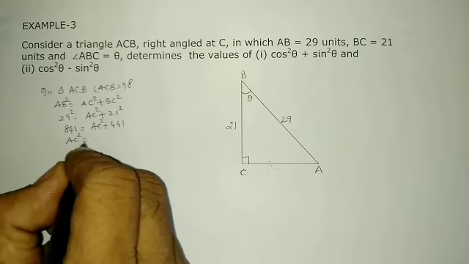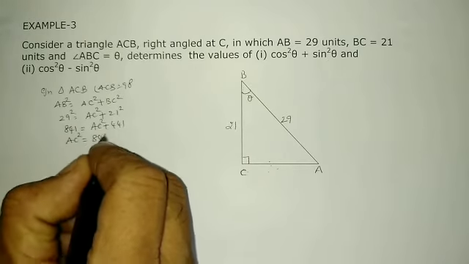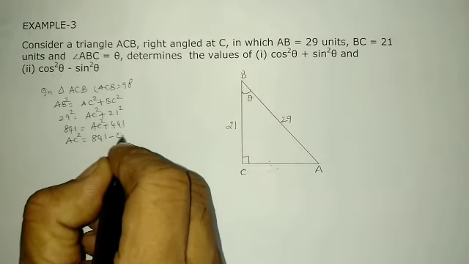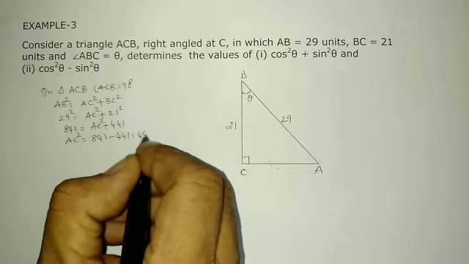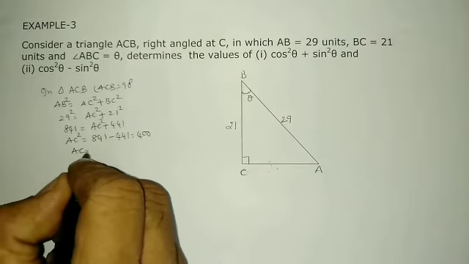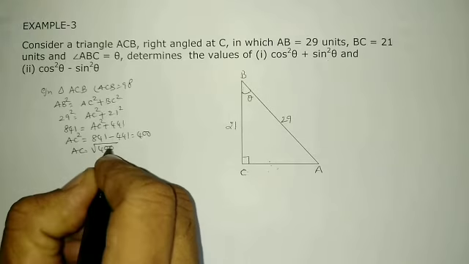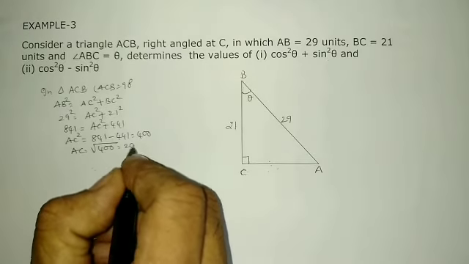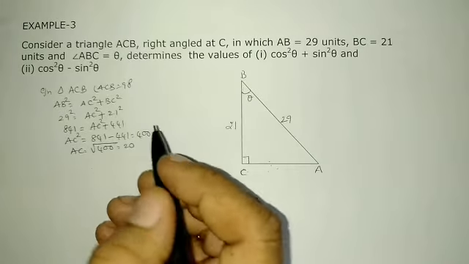From this we get AC square equal to 841 minus, transposing this, 441. 400. AC equal to root 400, 20.